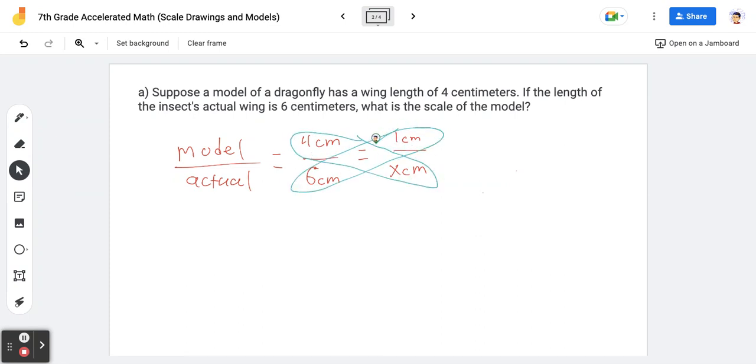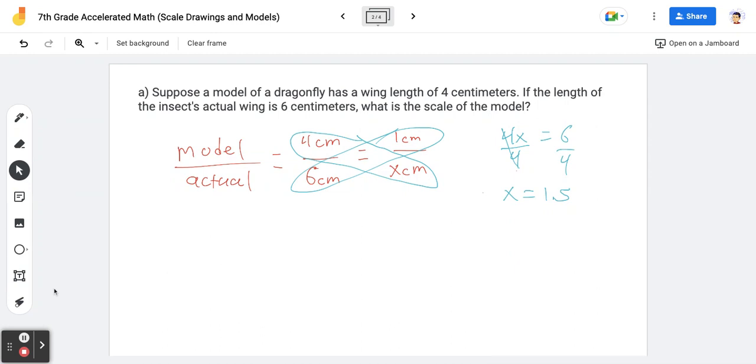I'll drop my units for now. 4 times x is 4x. 6 times 1 is 6. Let's solve. Divide both sides by 4, and we get that x is equal to 1.5.